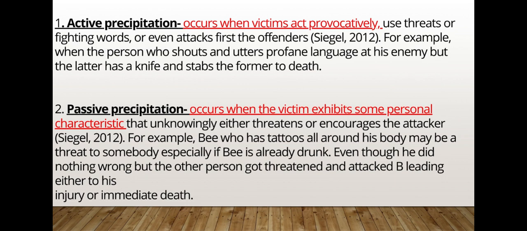Ano iniisip nila? Na si B daw mayroong tato. Ngayon, iniisip ng ibang tao, ano siya? Maaaring mayabang siya, kriminal siya, kasi aside from pagkakaroon ng tato, lasing din si B. Ngayon, iniisip ng ibang tao, delikado siya.